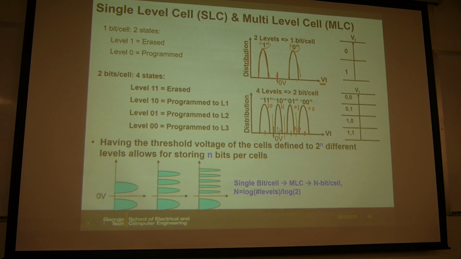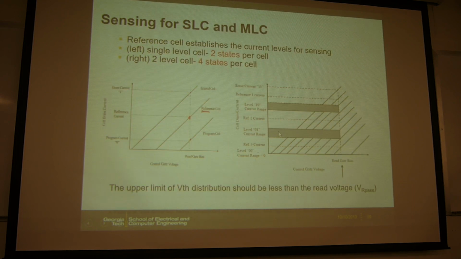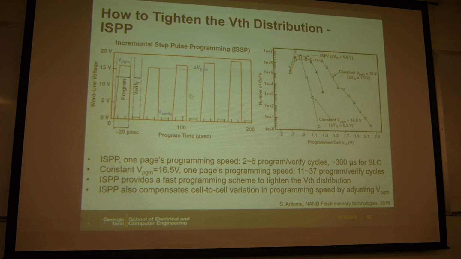If it's not in this region, then you have to apply an additional programming pulse. Typically, it ramps up the voltage linearly. After each programming pulse, you read and verify whether it meets the target or not.